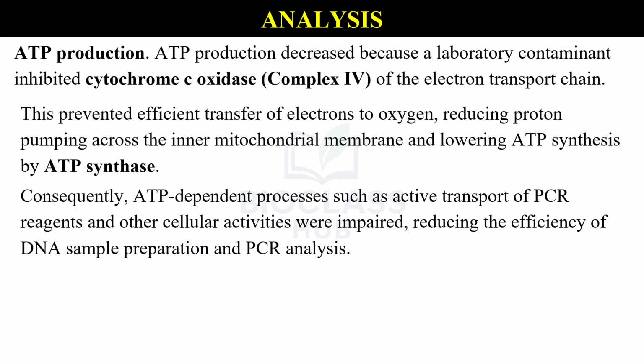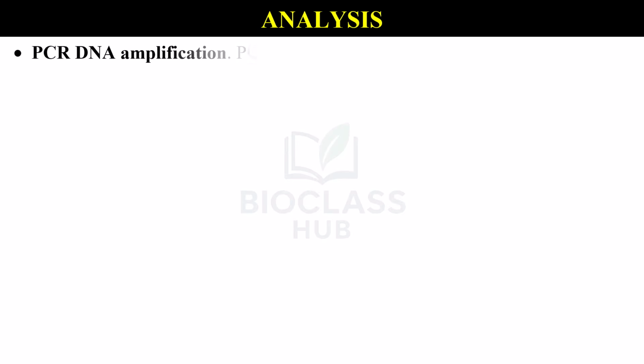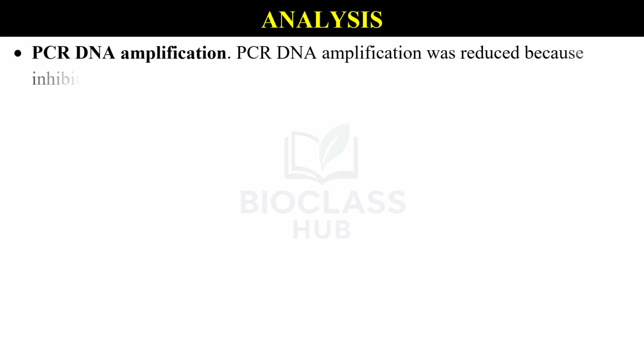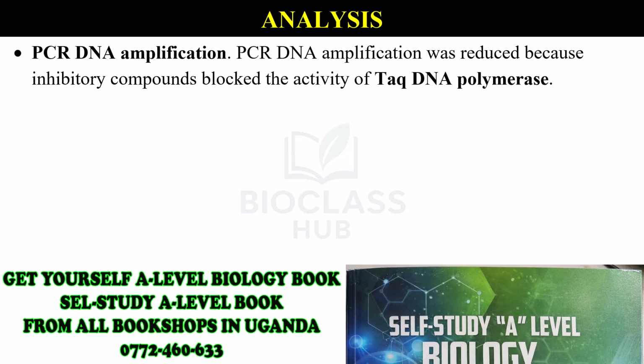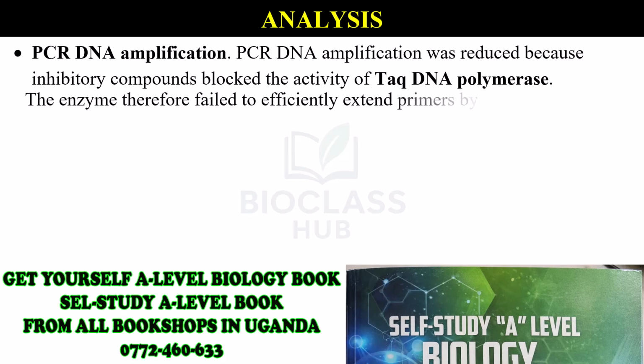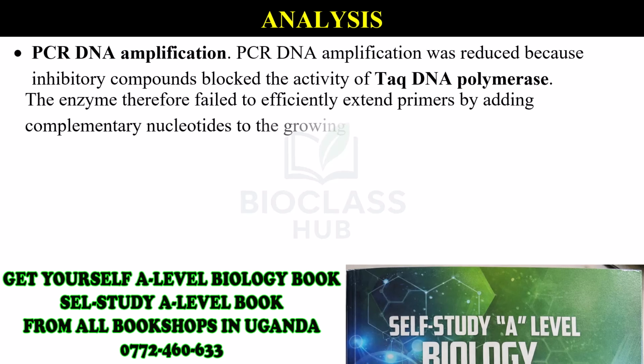PCR DNA amplification. PCR DNA amplification was reduced because inhibitory compounds blocked the activity of Taq DNA polymerase. The enzyme therefore failed to efficiently extend primers by adding complementary nucleotides to the growing DNA strands during each PCR cycle.